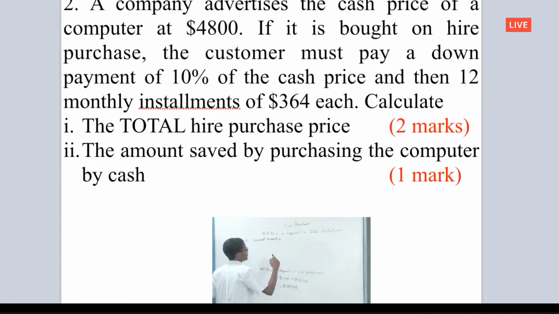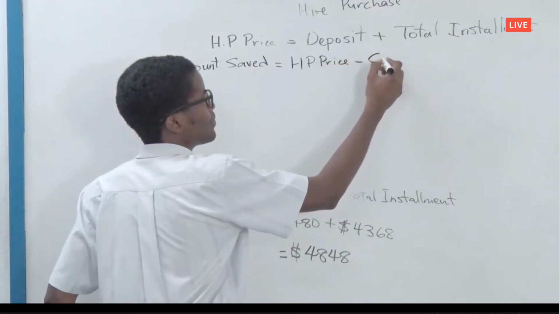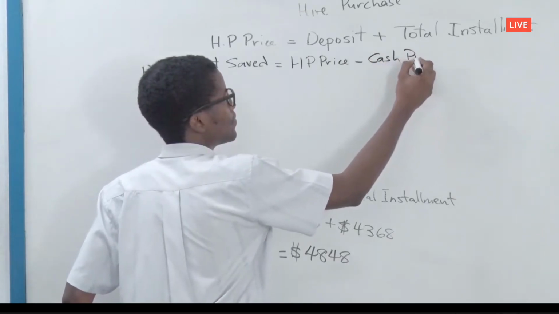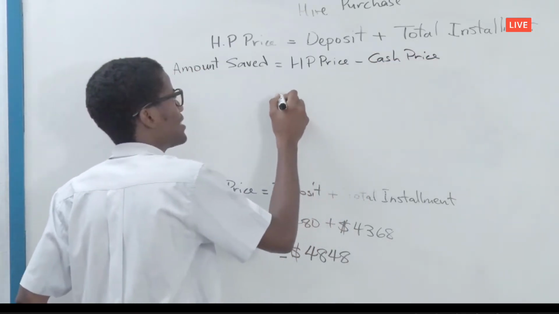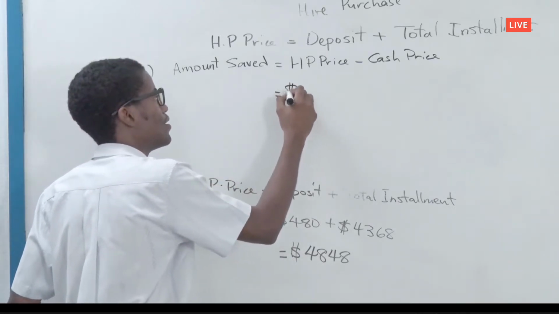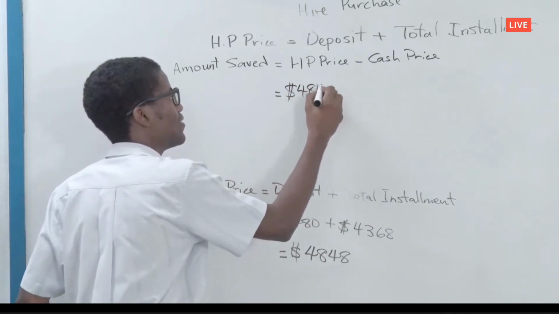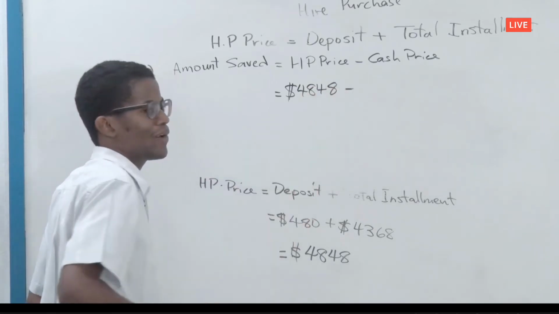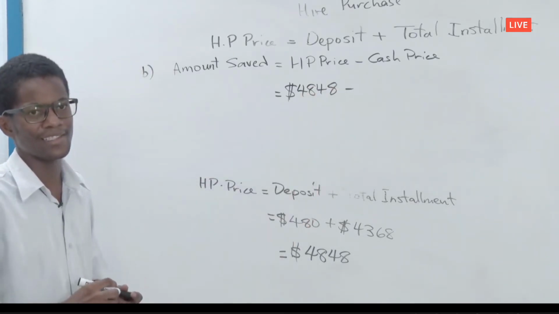So amount saved is our hire purchase price minus our cash price. For part A, we found the hire purchase price as being $4,848. And what was our cash price in the beginning, class?